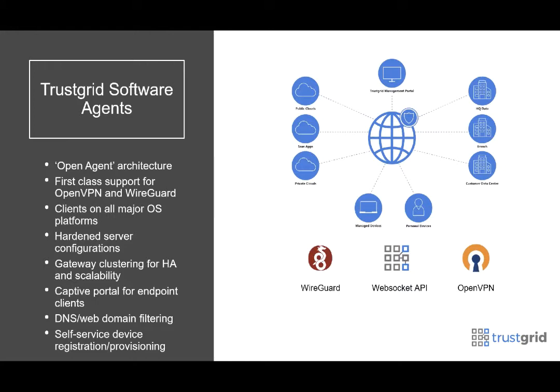This avoids the rip and replace conversations common in upselling SDP solutions to existing customers leveraging VPN clients on solutions deployed. These hardened server configurations force most of the security enforcement and configuration into the virtual network itself, which leaves these agents both flexible and minimal to access the virtual network.